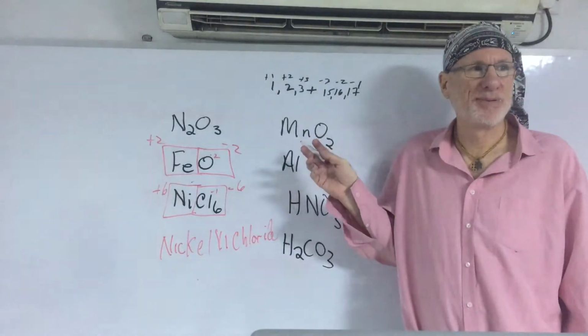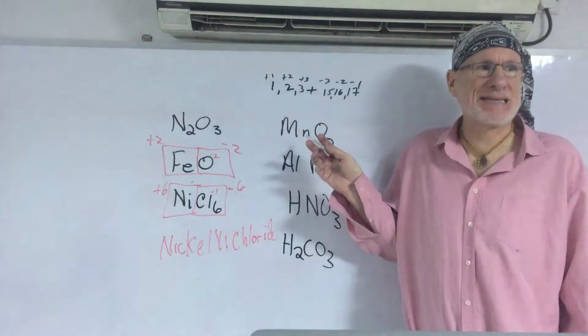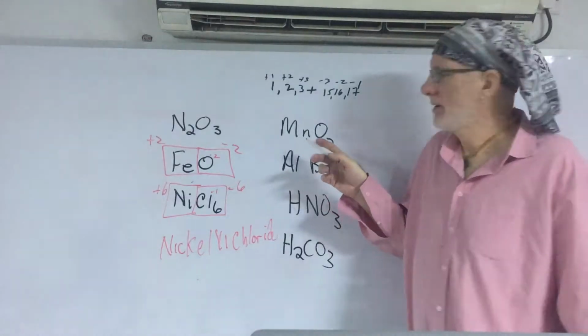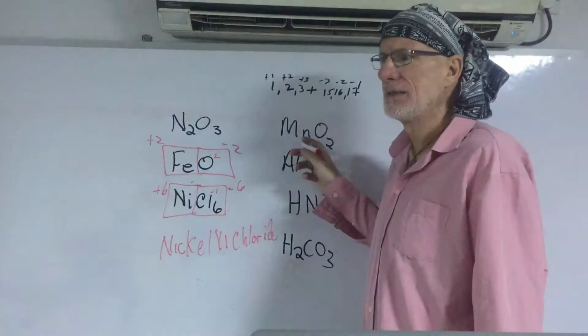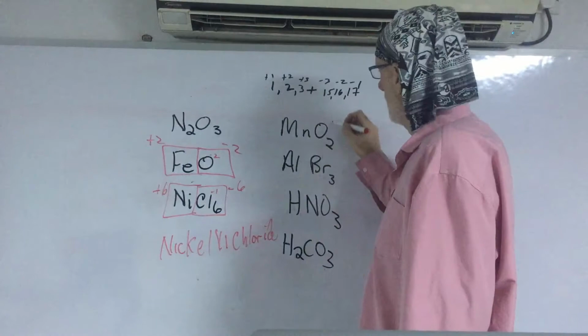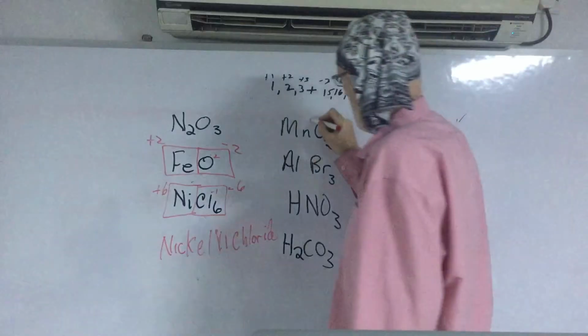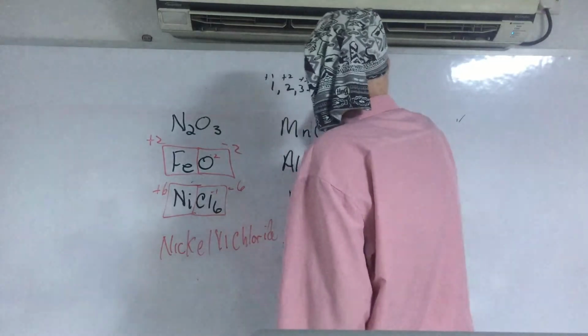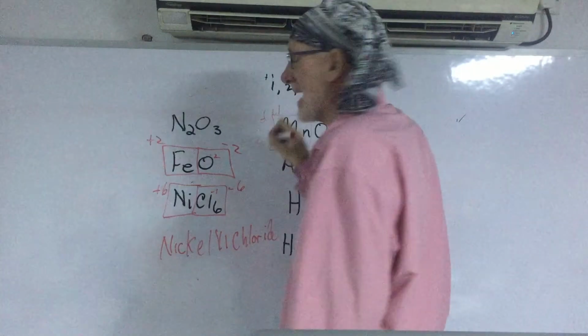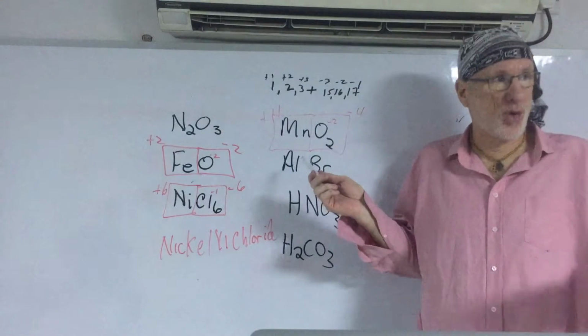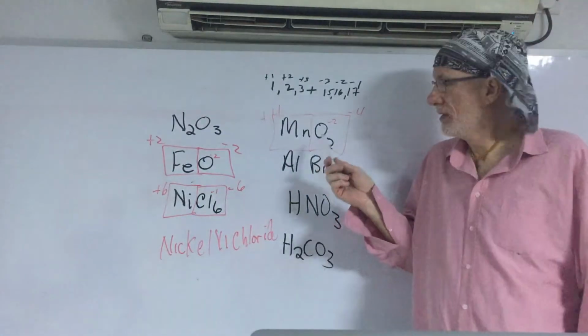Time is not up. Time is up when I say it's up. -2. How many oxygens do I have? So I have -4. Positive, exactly. Manganese 4 oxide. You get it? Manganese 4.